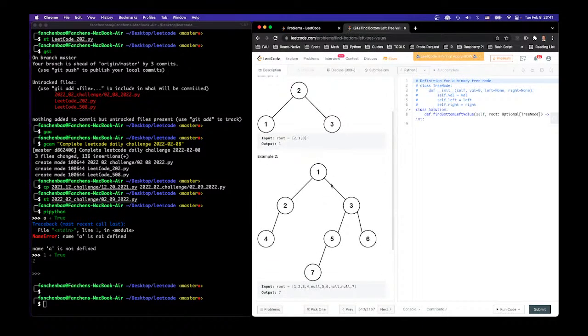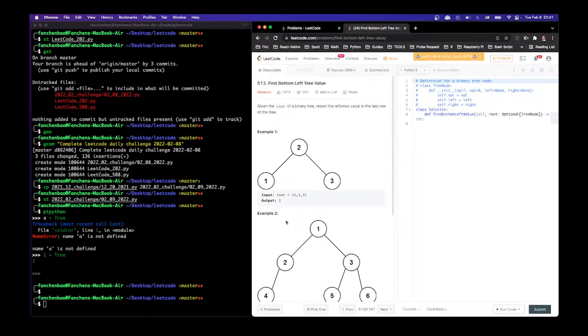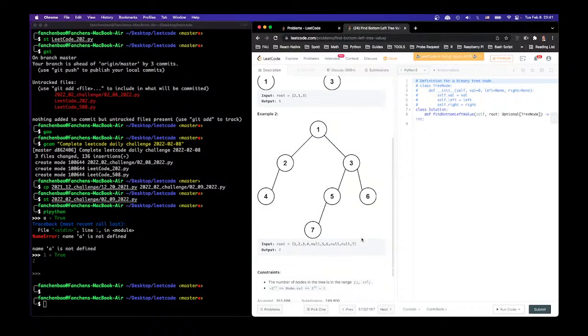So if we go left first, I need to record its level, right? And then we do this. So we go left, and then wait. It says the leftmost value. So even if this one is the right tree, we'll still return it.